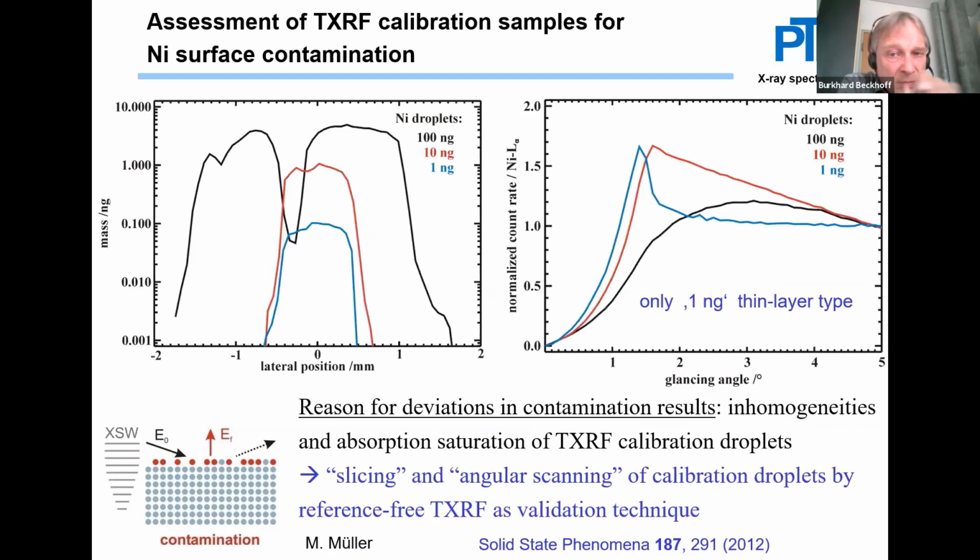This is an experiment that I've shown to some of you already, which surprised us a little bit while we did this. We got a few nickel droplets. Once again, this is in the soft X-ray range. And we got nickel droplets provided by the analytical lab of a large German semiconductor manufacturer.